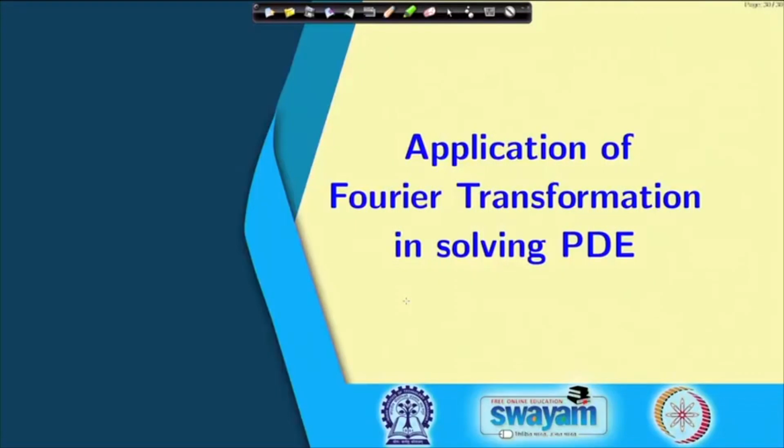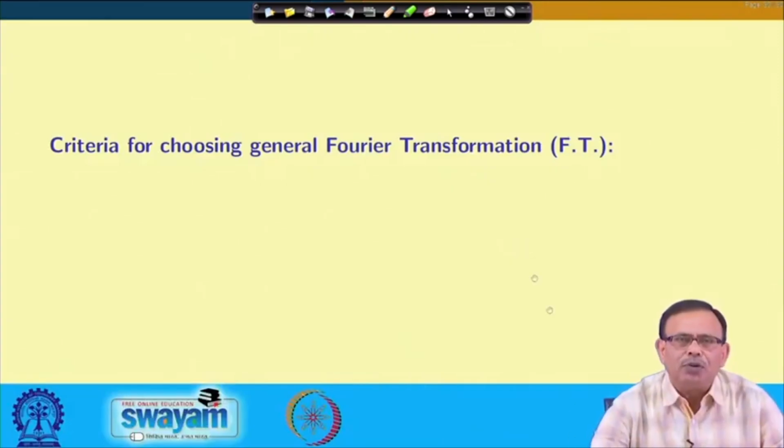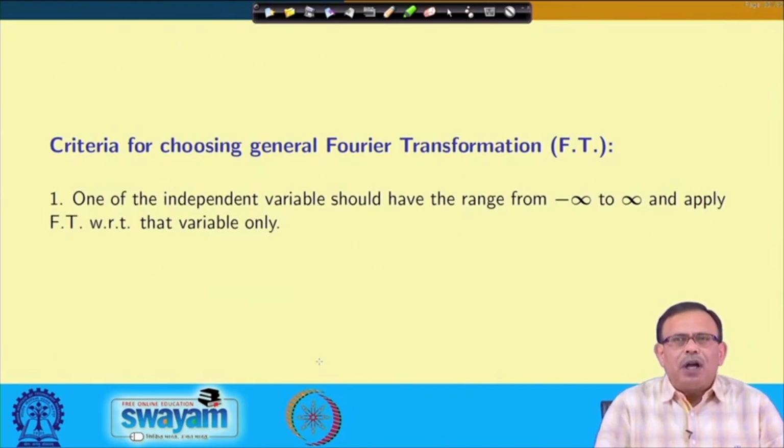In the application of Fourier transform in solving PDE, first I am taking the criteria for choosing the general Fourier transform. If you remember, a Fourier transform has been defined from minus infinity to infinity. From the definition, the Fourier transform with respect to x means x should vary from minus infinity to infinity.